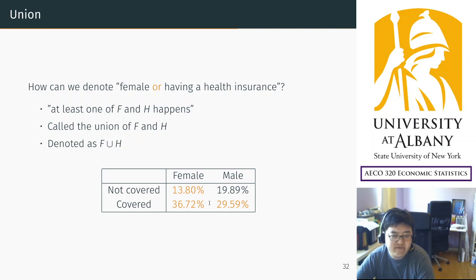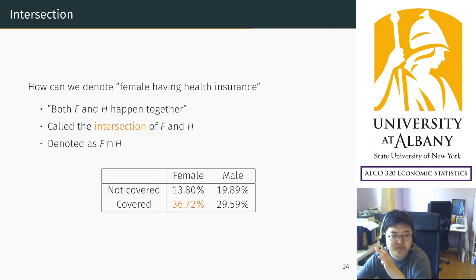So F and H are combined, and in the end you included three outcomes. F includes two, H includes two, and the union includes three. So one outcome is double counted, included twice. That is this one, 36.72, which was counted twice because it is included in both F and H.